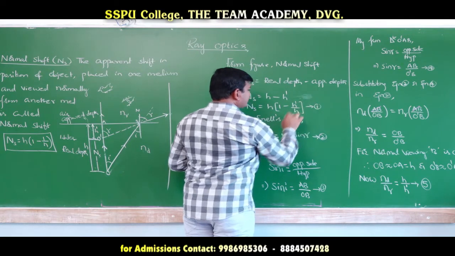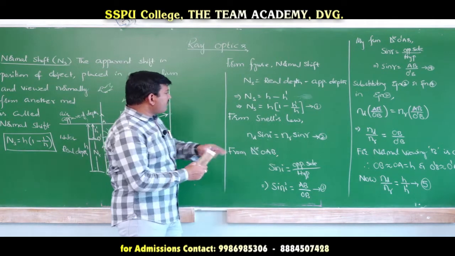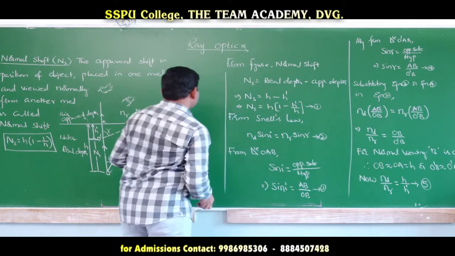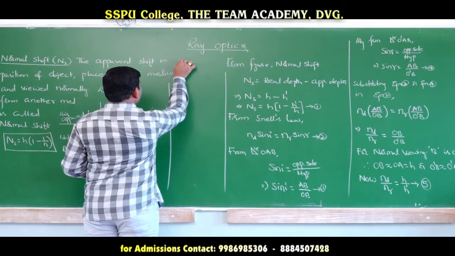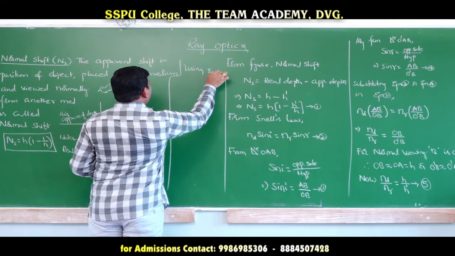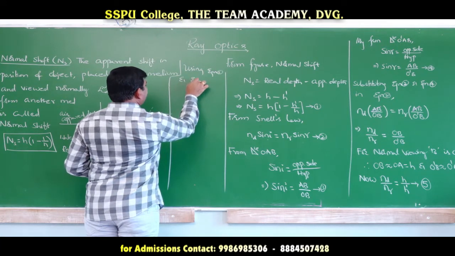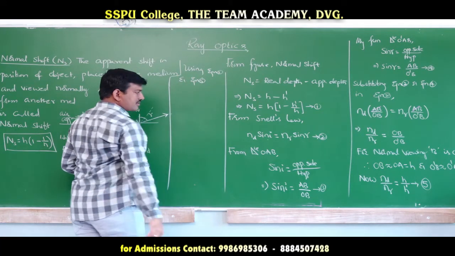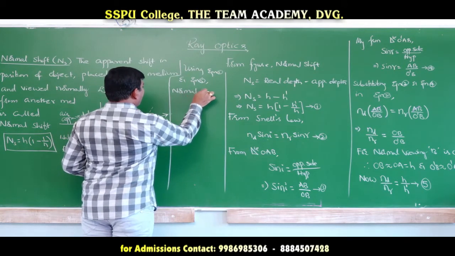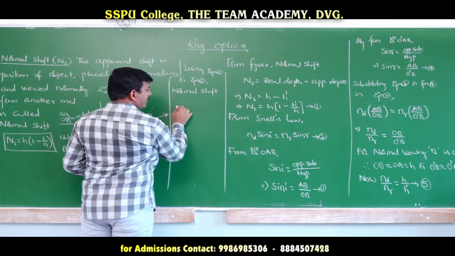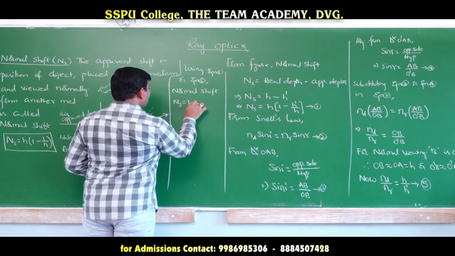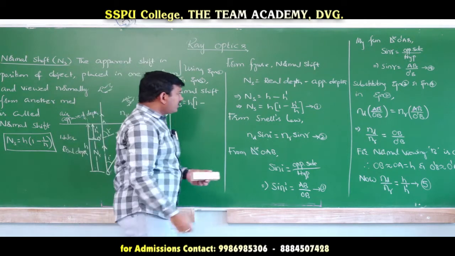Okay. Understood? Now, using equation 1 and equation 5, the last equation and the first equation, what are we getting? Normal shift ns is equal to h into 1 minus h dash by h.